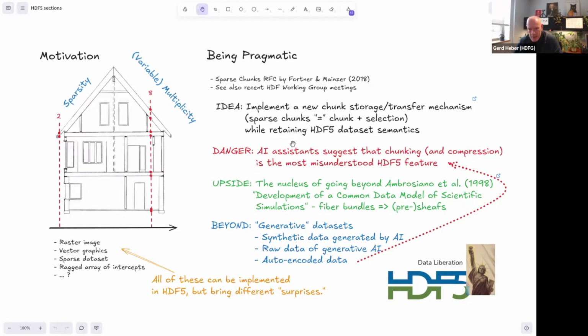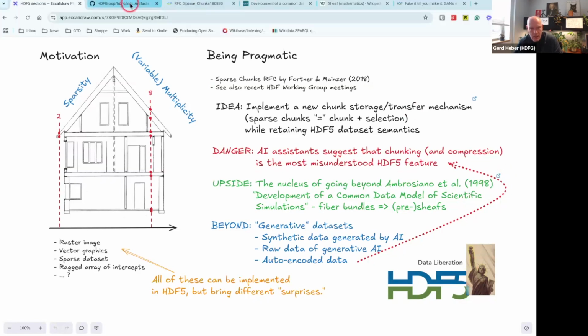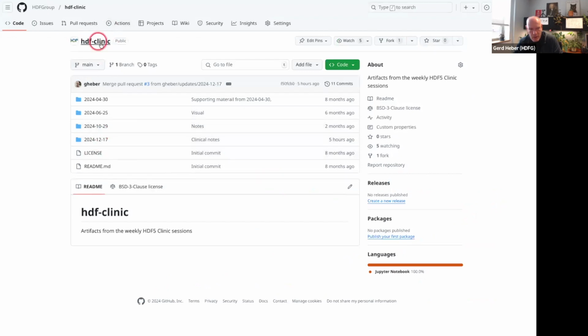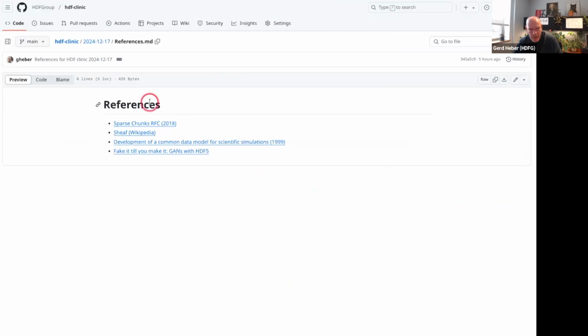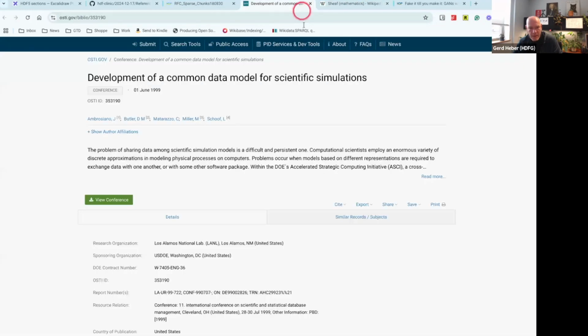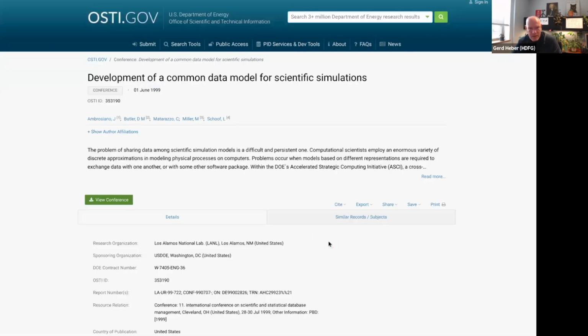And what I mean by that is, if you go back to this classical paper from 1998, and I have hyperlinks in this document, they are all in the HDF Clinic GitHub repo today, I have the references here. So if you're interested in following up on that, it's this paper here. And this is sort of a classical discussion of the data model for scientific simulations.